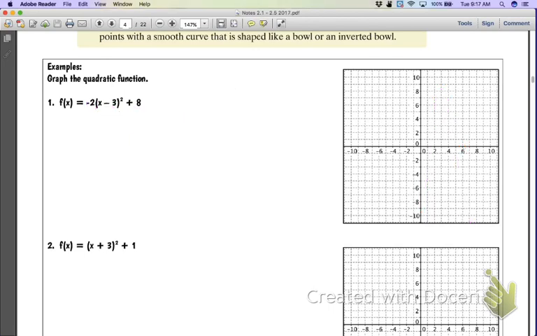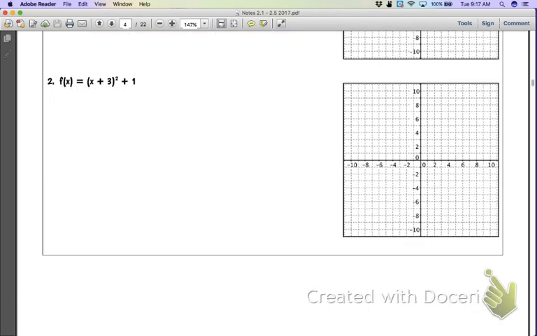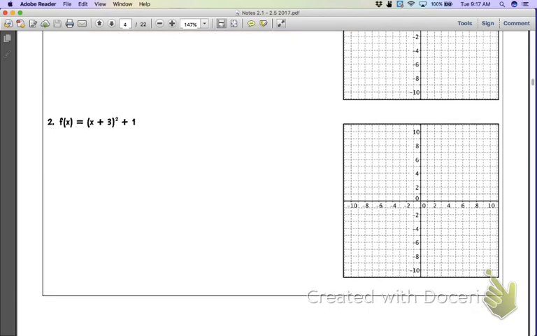On 2, I have x plus 3 quantity squared plus 1. So where's my vertex going to be? Negative 3, 1. So negative 3, positive 1. Now, does anything change? Do I have a number in front of my x plus 3 squared? No. So then I'm going to slide one step to the right, 1 up.